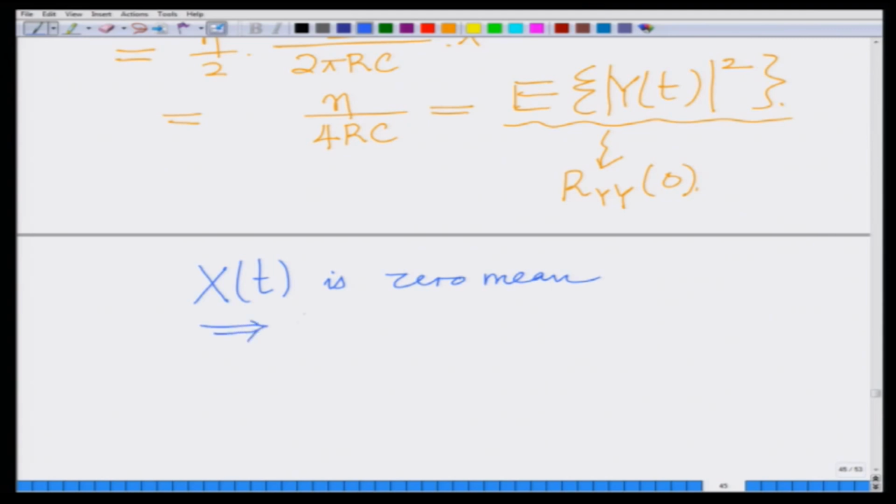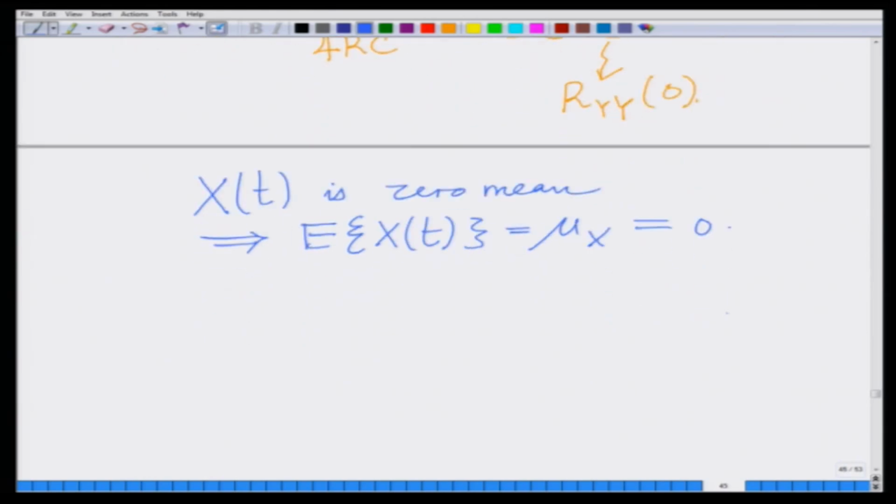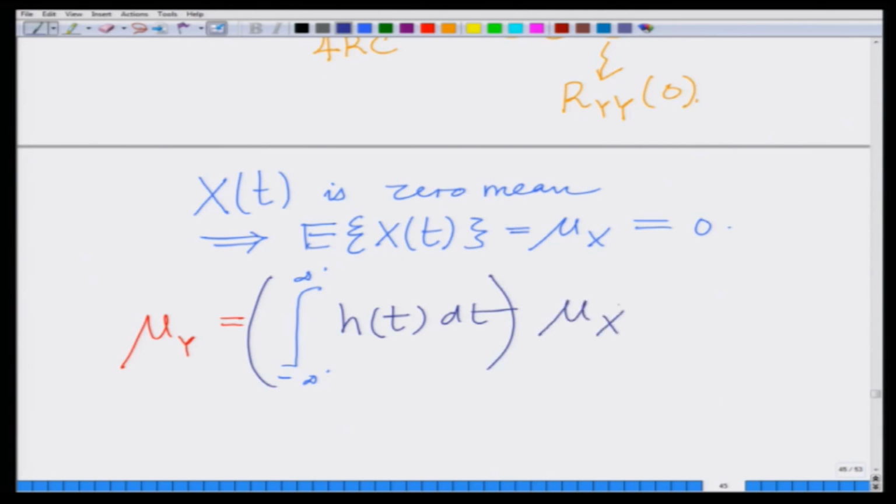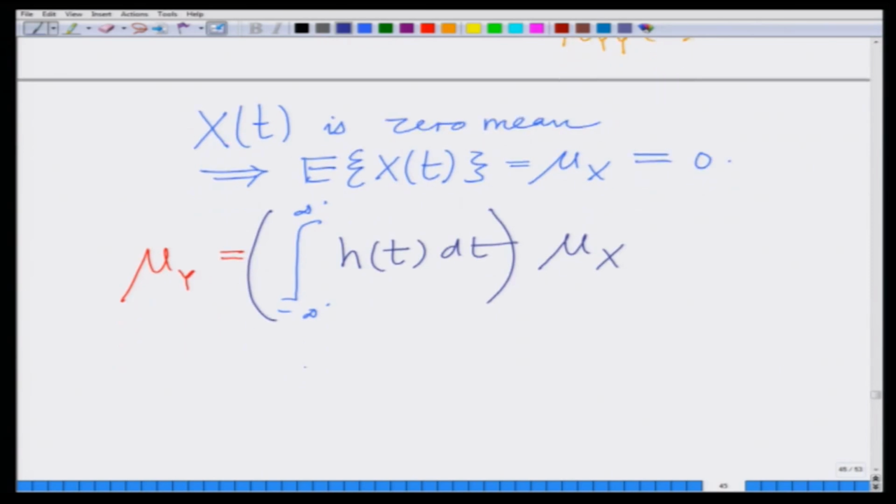Now, that implies expected value of x of t equals mu of x, which is equal to 0, which means, now we also know from our transmission of random process through LTI system that mu of y is the integral from minus infinity to infinity of h of t dt times mu of x, that is the output mean equals the integral of the impulse response over the entire time times mu of x, but mu of x is equal to 0, which means the output mean is also equal to 0, that is mu y.